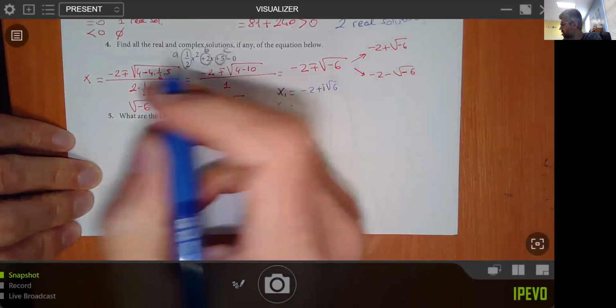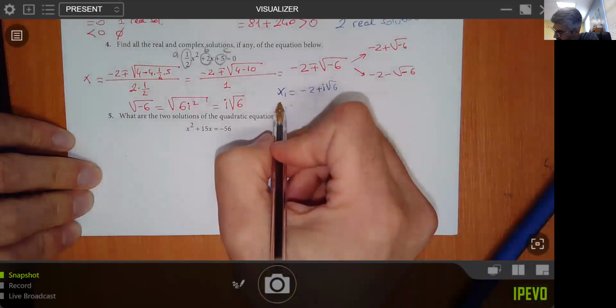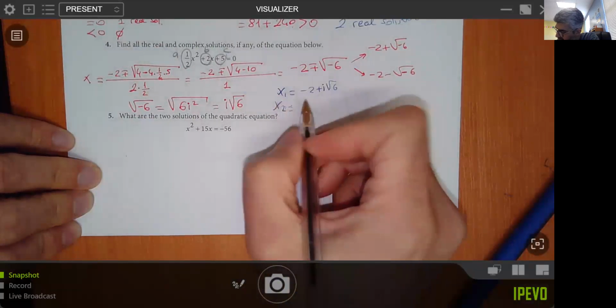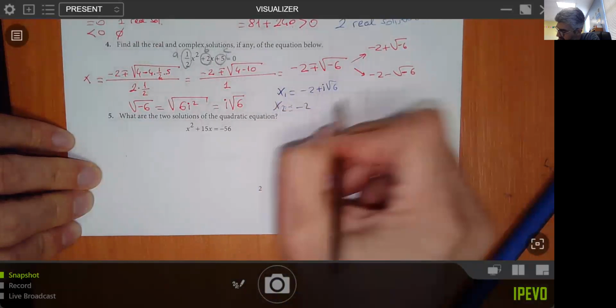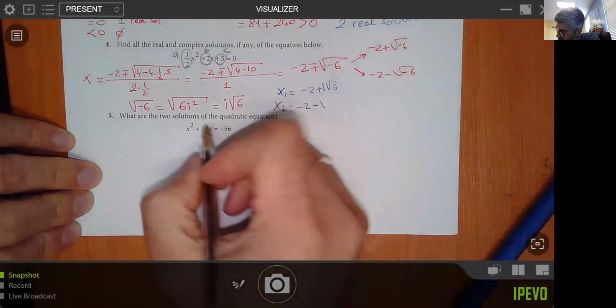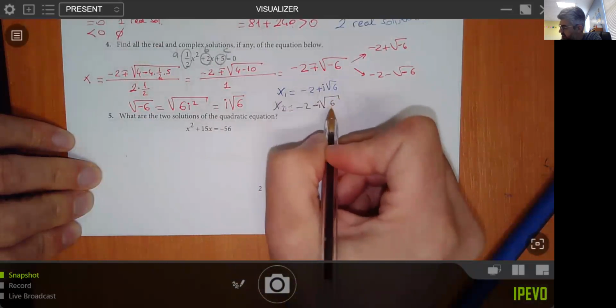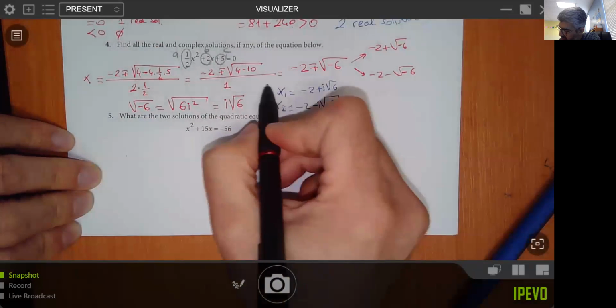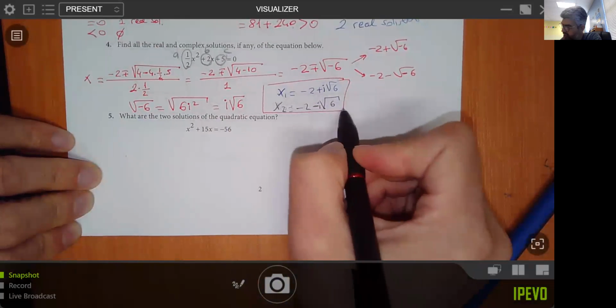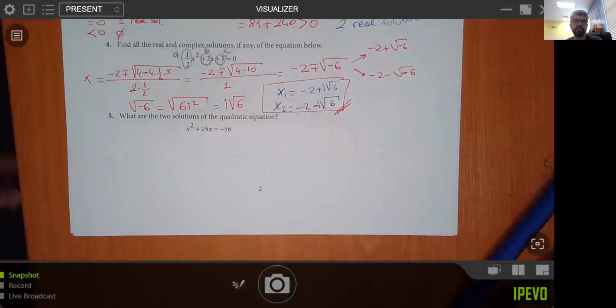And the second solution is negative 2 minus i square root of 6. These are the two complex solutions. Is it clear? Copy the board and let me know when you are ready for the next question.